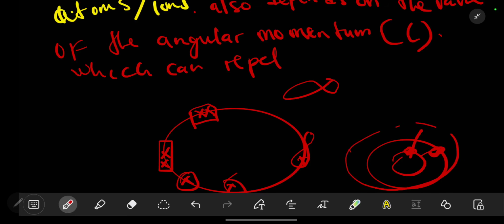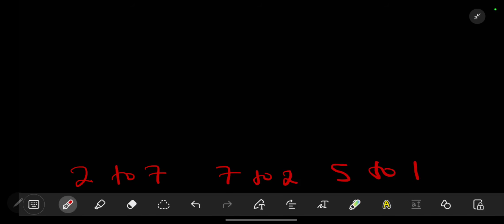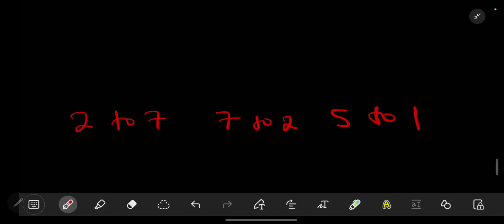Now the last thing I want to talk about is how do you know which one will release more energy? For example, if you have 2 to 7, then 7 to 2, then 5 to 1, my guess here is 5 to 1 will release more energy. Now remember, the Rydberg's constant is common.